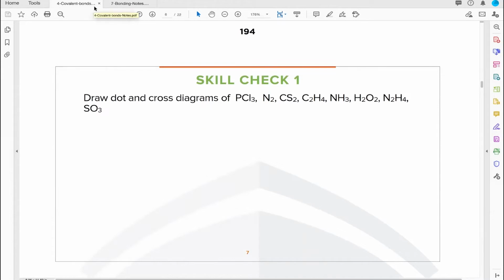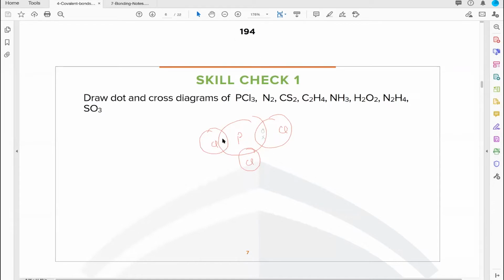Yeah, so if I were to draw it for phosphorus trichloride, this thing, what will I do? I'll put phosphorus in the center, draw 3 chlorine on the side, and start filling electrons. Now to do that, I'll start with the chlorine first, the outer electrons. So this is in group 7, needs one more electron, so it will share one pair.